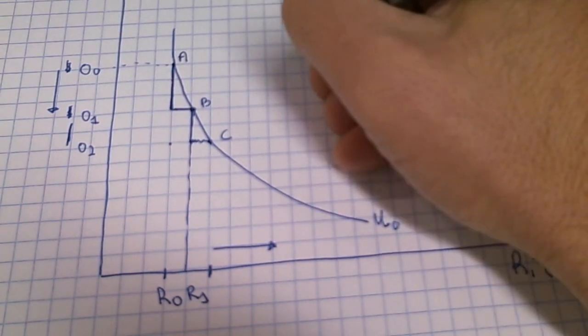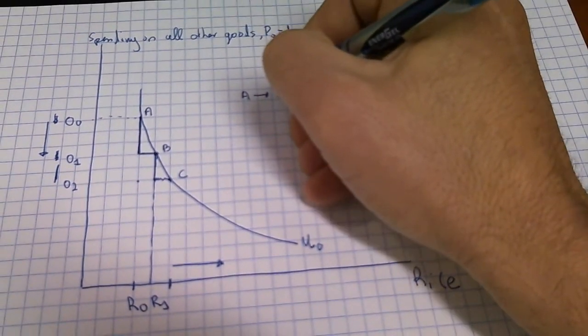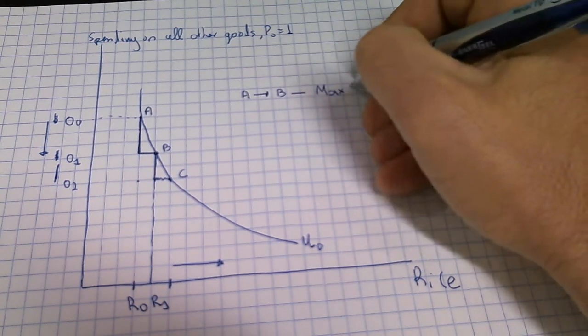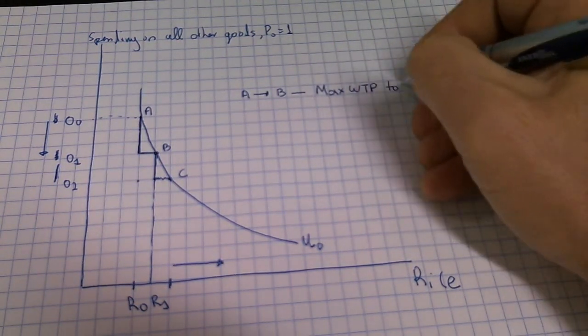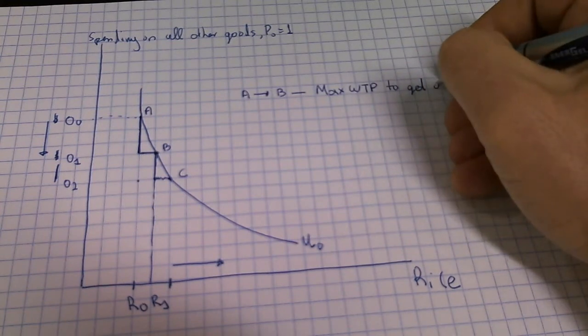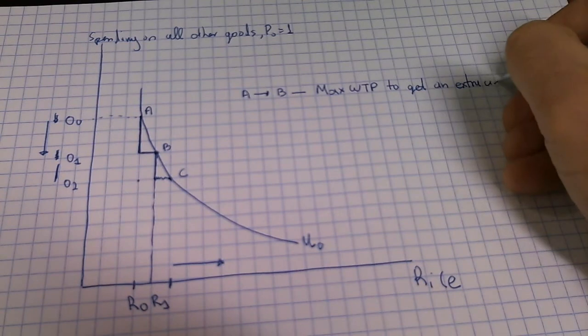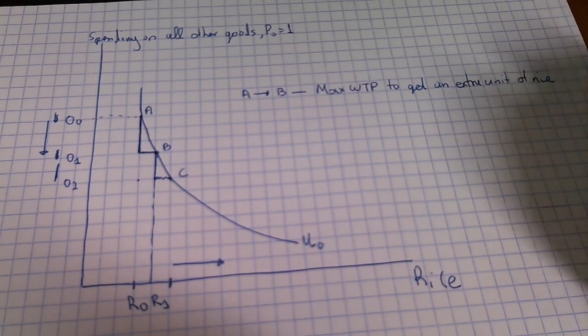So moving from A to B is the maximum amount you're willing to pay to get an extra unit of rice or an extra kilogram of rice.